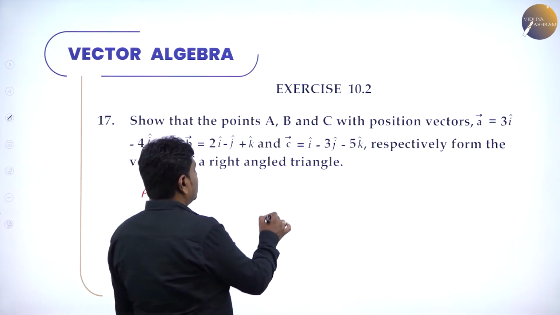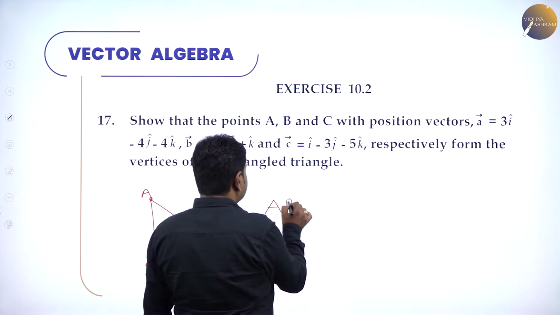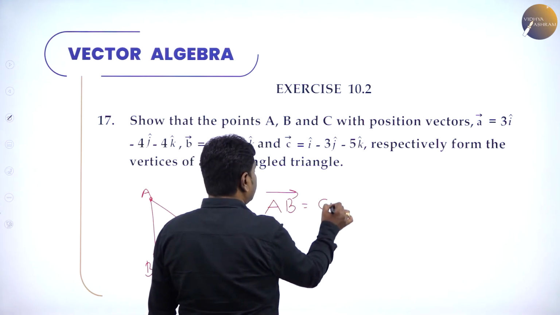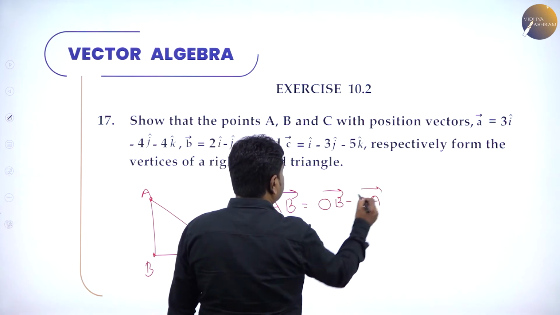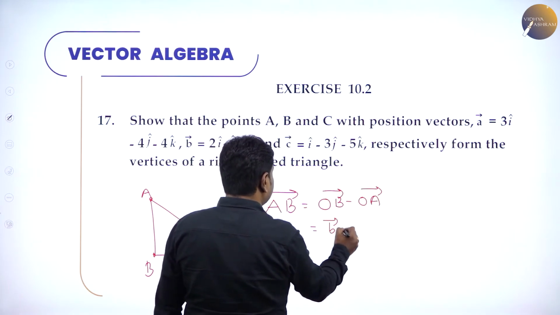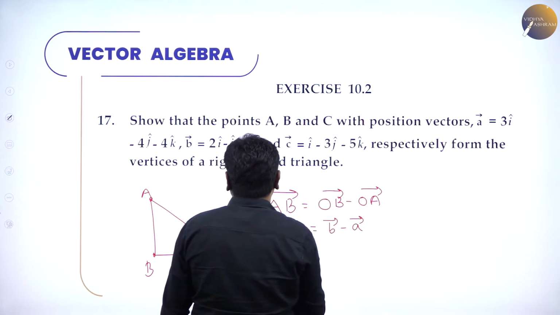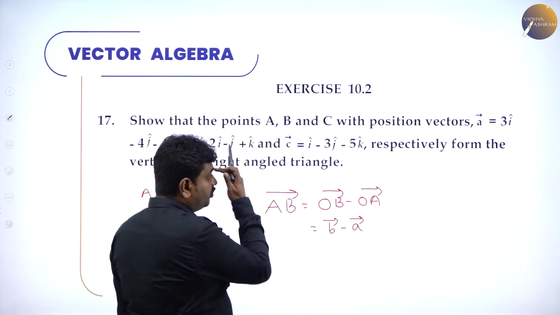So first I'll write vector AB. What is the formula for finding vector AB? Vector OB minus vector OA, that is B minus A. I told position vector of A is small a, position vector of B is small b.